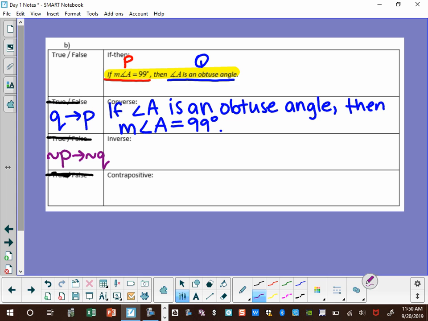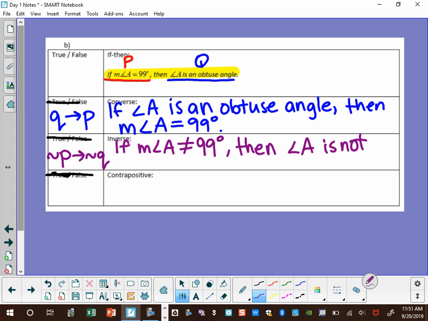If the measure of angle A is not, and you can write that out, I like to just put a line through the equal sign so it means that it doesn't equal that. So if the measure of angle A does not equal 99 degrees, then what? Then it's not an obtuse angle. Then angle A is not an obtuse angle.